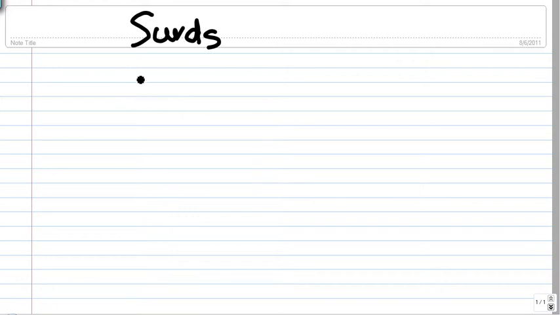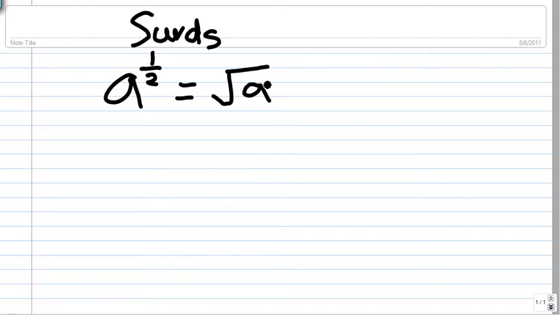If you've got a to the power of half, when we write a to the power of half, this can also be referred to as square root a. Now what about a to the power of 3 over 2?